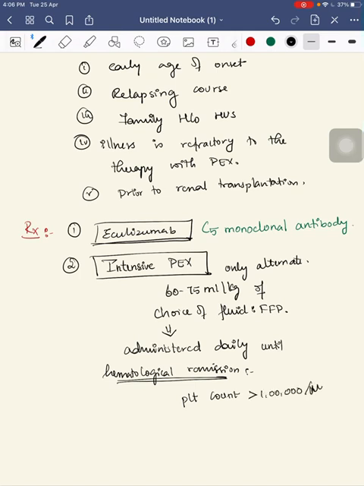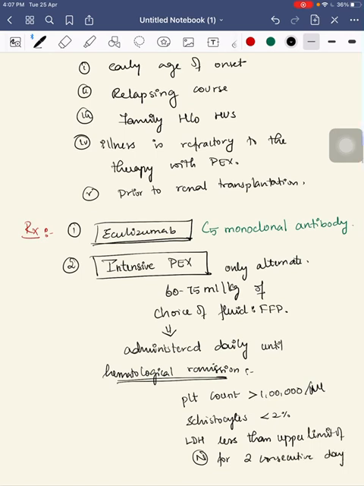You call it a hematological remission when the platelet count, which is the first to recover in HUS, is more than 1 lakh, the schistocytes are less than 2%, and the level of LDH is less than the upper limit of normal for 2 consecutive days.